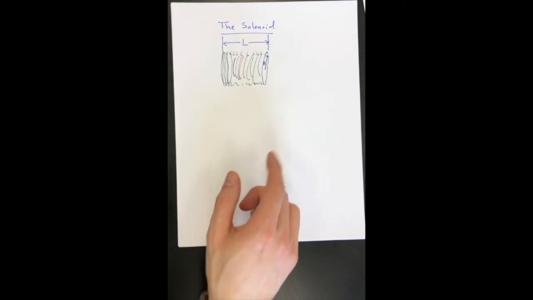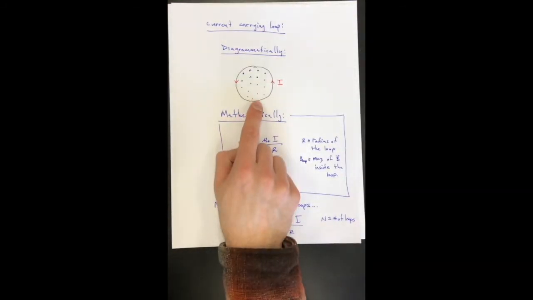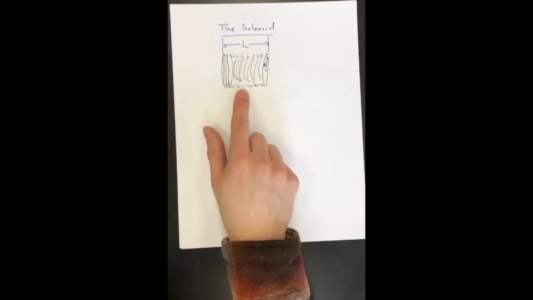So if you imagine the solenoid is taking a whole bunch of these loops of current and putting them all together so that they make a tunnel of current, basically.